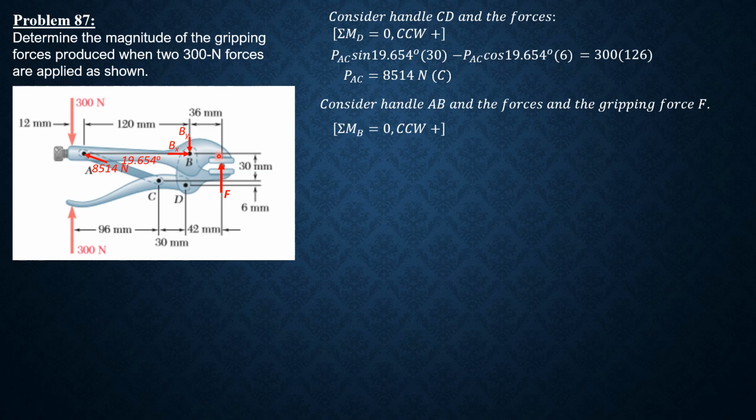So F times 36, that's counterclockwise, plus 300 times 12 plus 120, 132, then equals vertical component of 8514, which is 8514 sine of 19.654. The moment arm is 120. So 8514 sine of 19.654 times 120. So solving for F, which is the only remaining unknown, F is 8445 newtons.